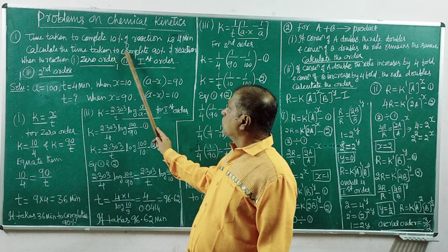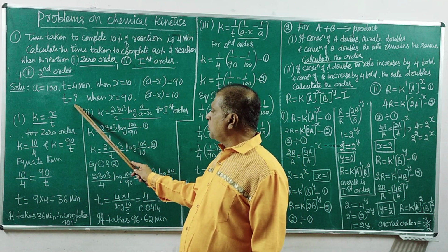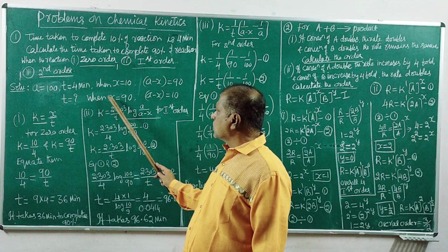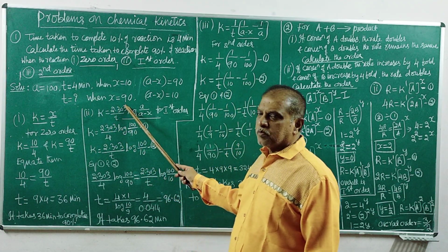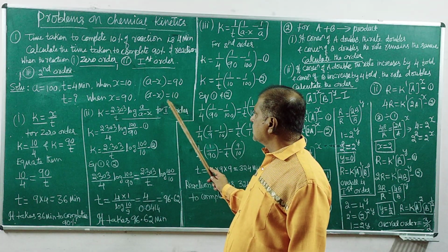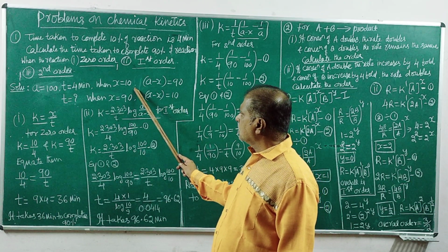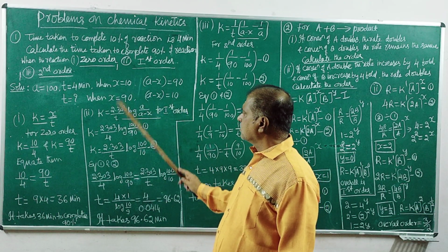Calculate the time taken to complete 90%, that is, t is to be calculated when x equals 90%. The remaining concentration A minus x is 10. So with this data, let us go for calculation.